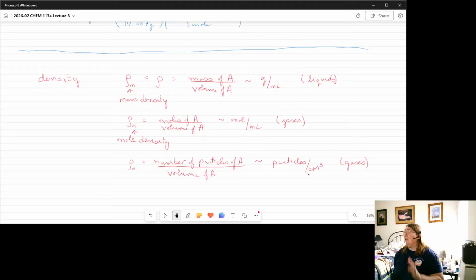Milliliters and cubic centimeters are the exact same unit. I'm going to remind you of that. 1 milliliter is 1 cubic centimeter. But when people are using particles, they tend to use cubic centimeters. And this tends to be gases, and it tends to be a popular unit in physics. And it's called number density.